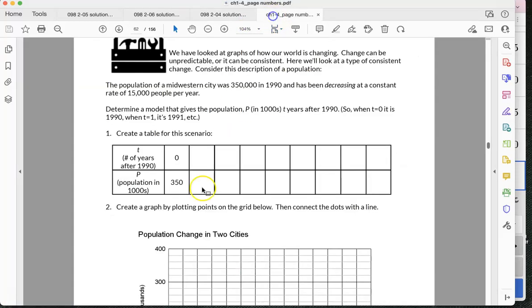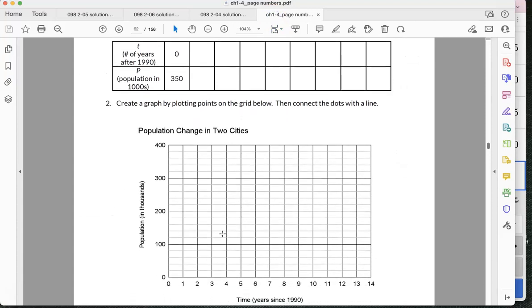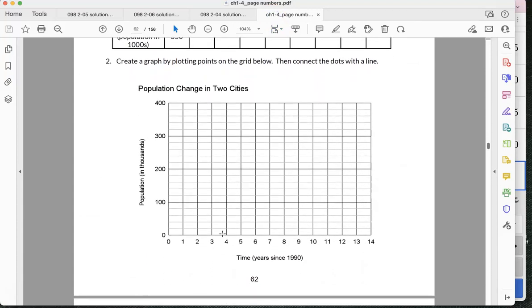Okay, so to create the graph of this data, let's just look at the grid provided here. I don't know why I went all the way up to 14 years, but maybe we will need to project into the future. So we're only going up to 8 years here, and those years are years since 1990. So this is really 91, 92, 93.